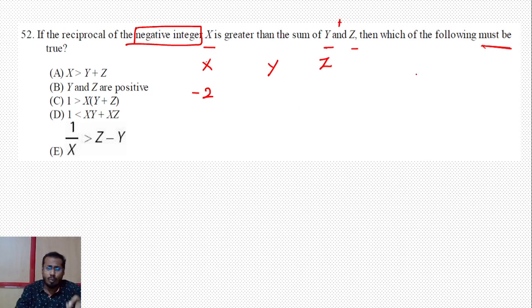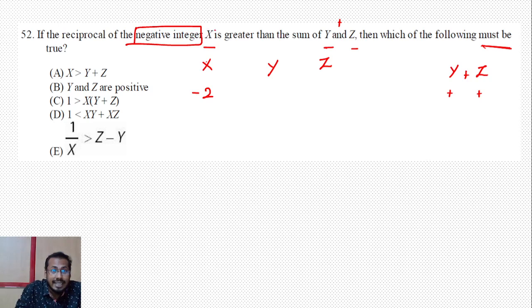What are all the possible ways we can take the numbers? That is very important: which values do I need to plug in for this question? If I take both values positive, what will happen? Definitely the sum of y and z will be more than -2.